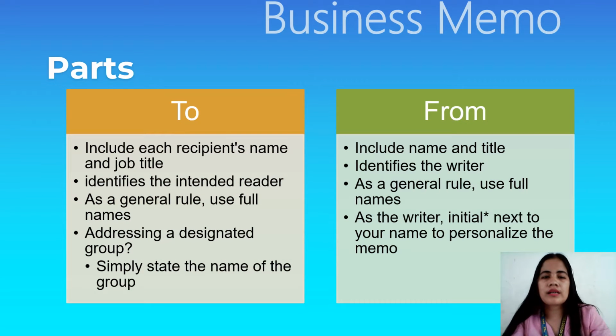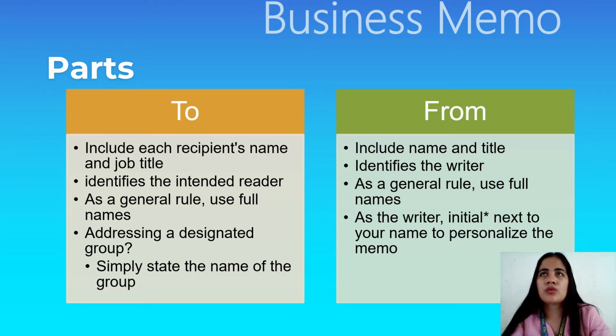The first part of the memo. What is included? Include each recipient name. Identify the intended reader. As a general rule, use full name. Addressing a designated group, simply state the name of the group. If it is for a group, you just state the name of the group. From: include the name and the title.